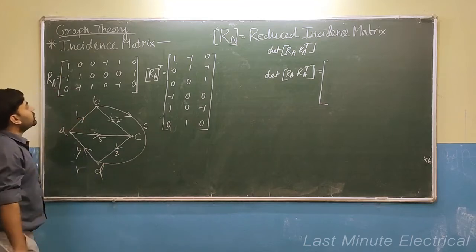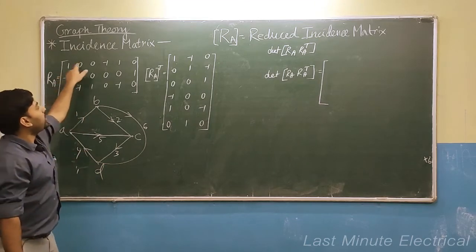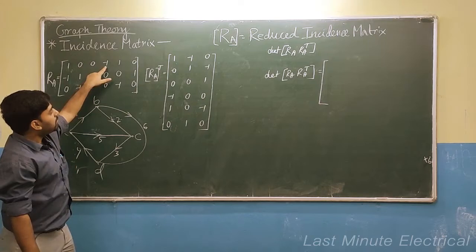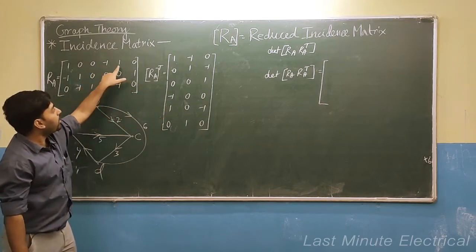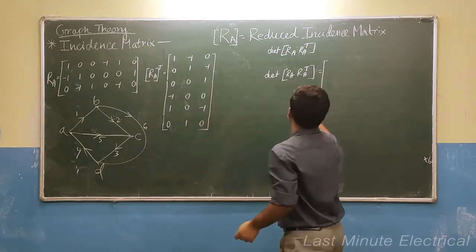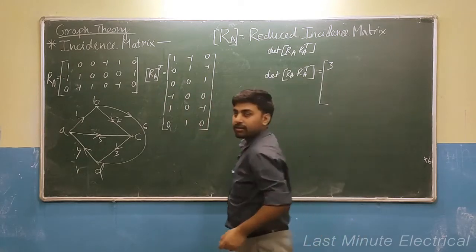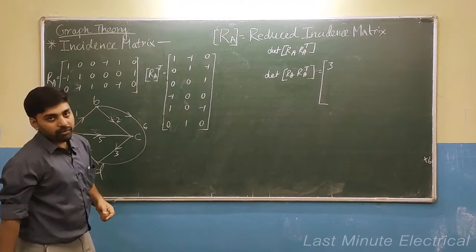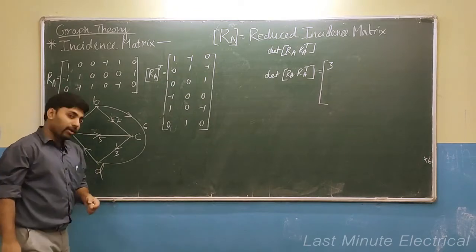If you multiply these two, you will get 1 into 1, minus 1 into minus 1, 1, and 1 into 1, 1. So, total 3.